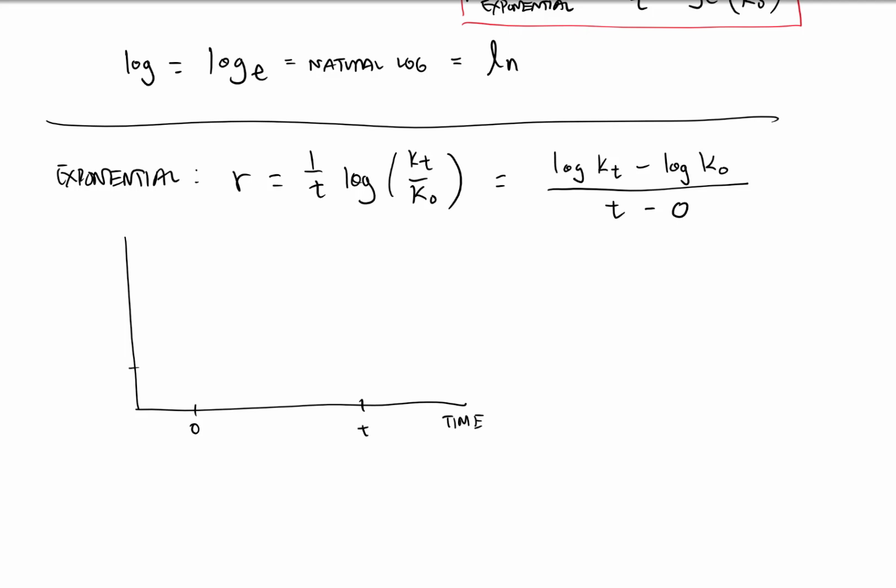Here we have the population at time 0, that's k0, and this is the population at time t, that's kt.